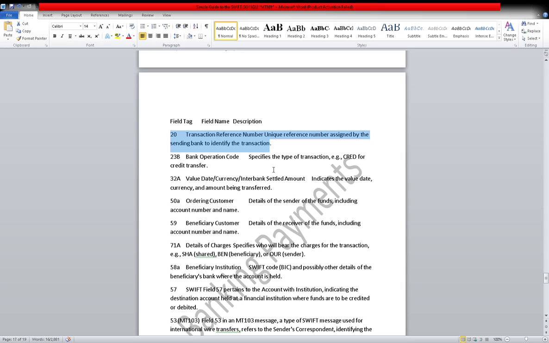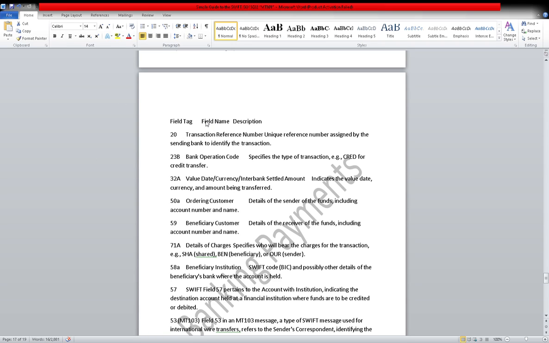This is called field 20. Where is our example? I want to show you the example side by side. Here, this example is a transaction reference number.